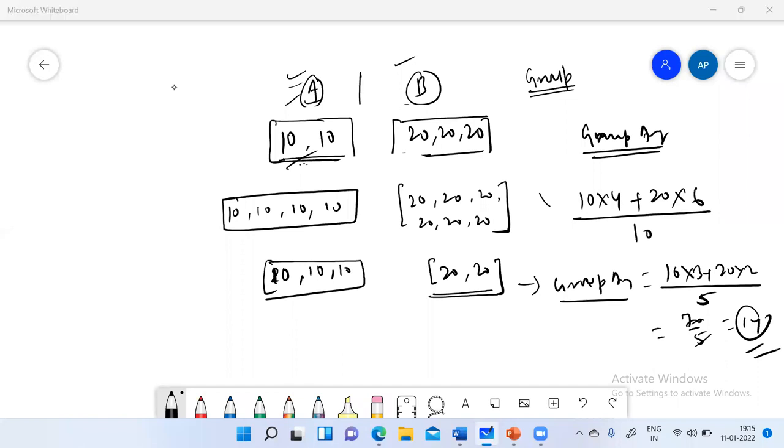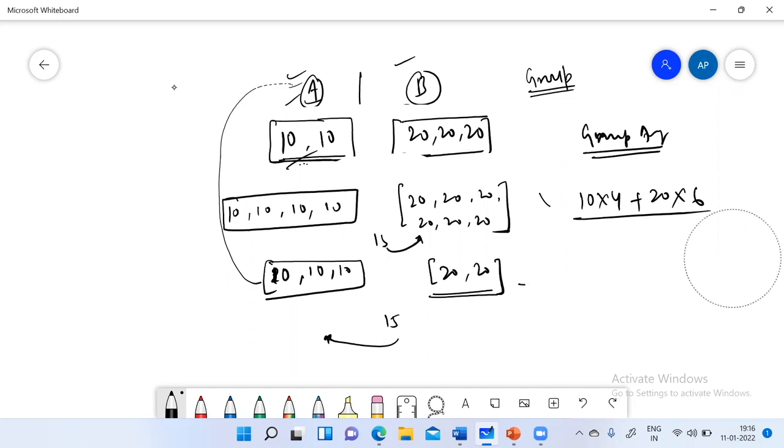So what did you see here? If the number of observations in A is greater than B, the average shifts from its middle value towards A. And if the number in B is greater than in A, the average shifts towards the value of B.